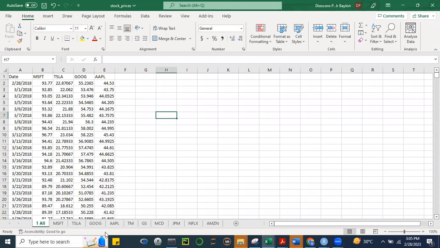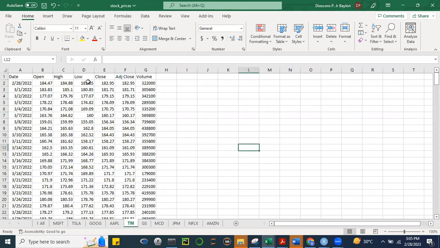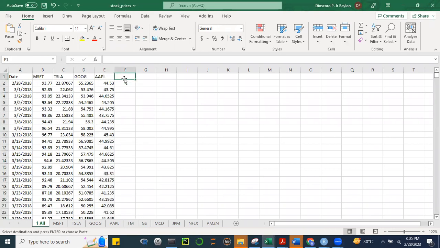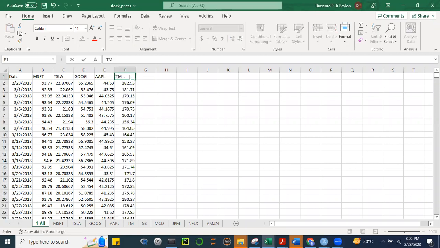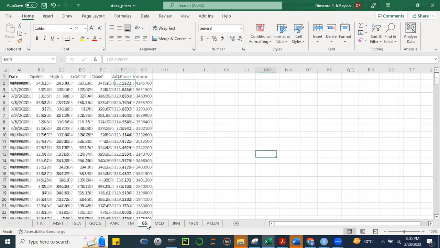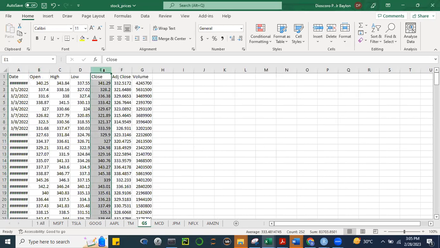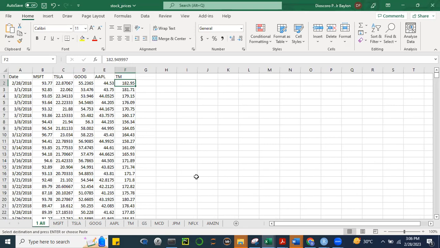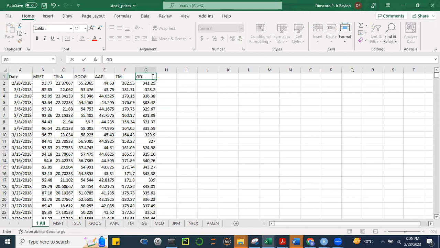Okay. And then Toyota, Control C, Control V. So we have here Toyota Motors. And then Goldman Sachs. Again, the close price, Control C, Control V. This is Goldman Sachs, GS.